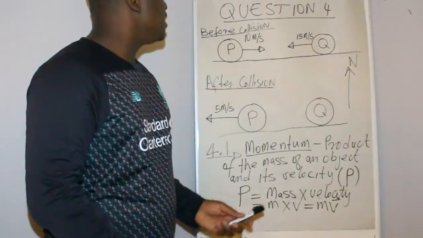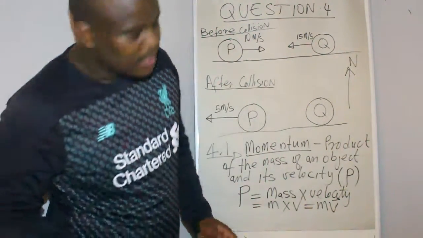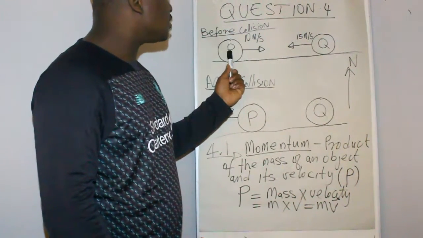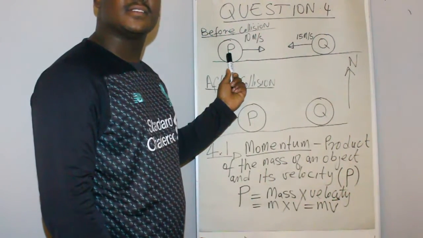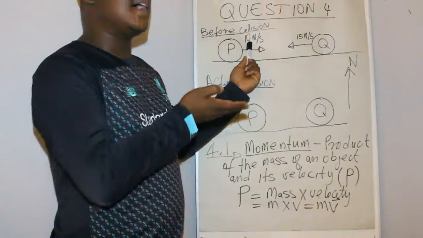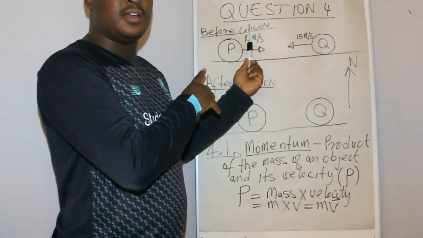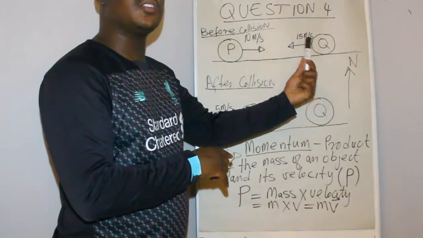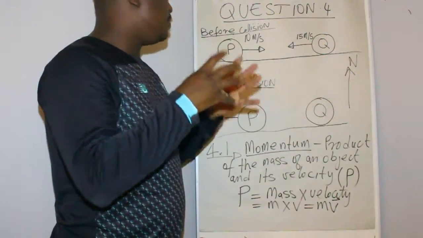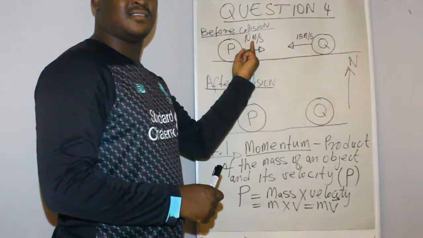So in this case, if you want to find the momentum of ball P here, it's going to be the mass of this ball, which is 0.16, times 10 meters per second, which is the velocity of this object. And this object is moving east, so our momentum will be 0.16 times 10, which is 1.6.